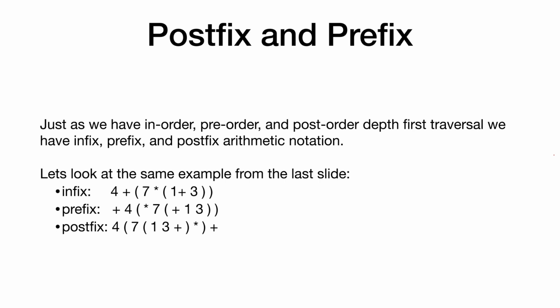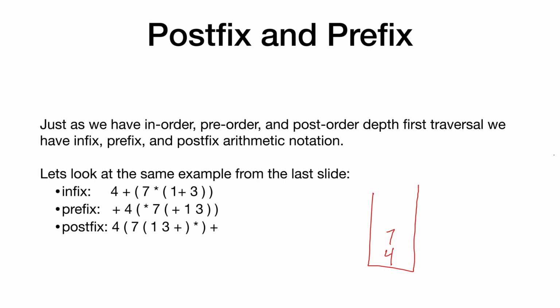So we can see how it would be useful in this notation to use a stack, right? We push the 4 onto the stack, and then we push the 7 onto the stack, and then we push the 3. So let's actually try that for a second. We first push the 4, and then the next thing is a 7.